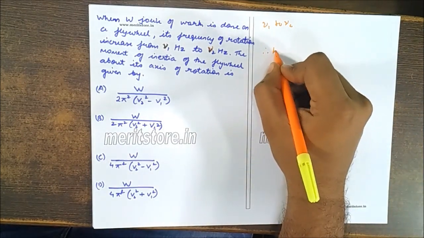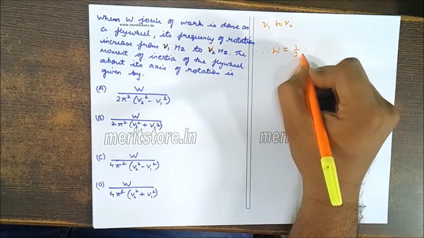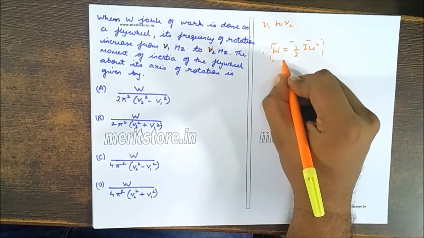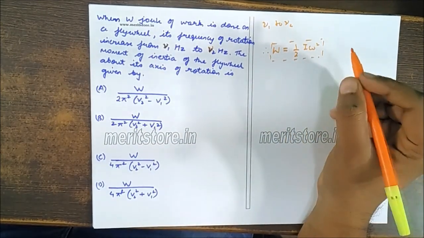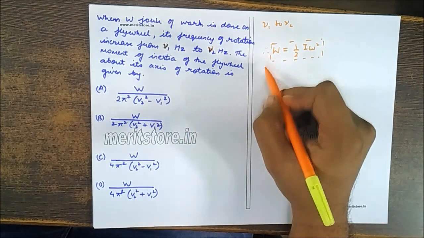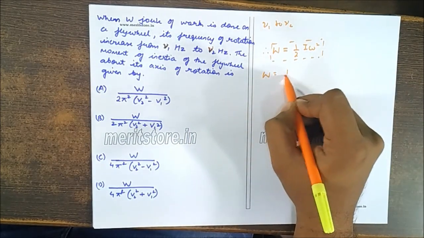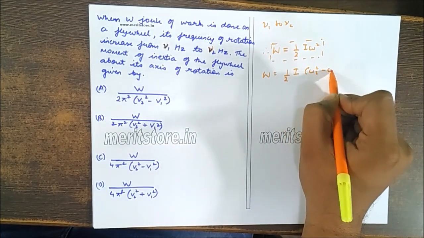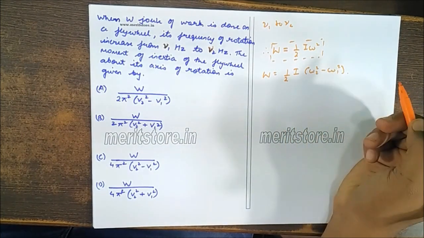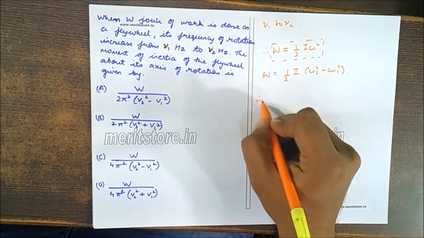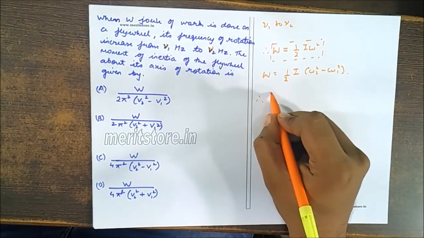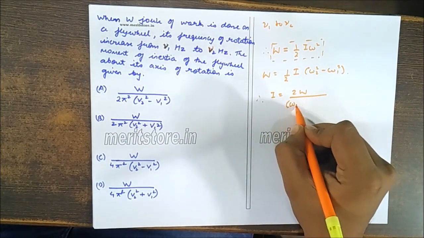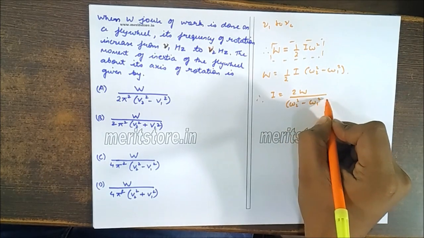Therefore I will say kinetic energy is given by half I omega square. But as we all know, its frequency is changing, that means angular velocity is also changing. So half I (omega 2 square minus omega 1 square) is equal to W. So I require moment of inertia, right? I is equal to 2W upon (omega 2 square minus omega 1 square).